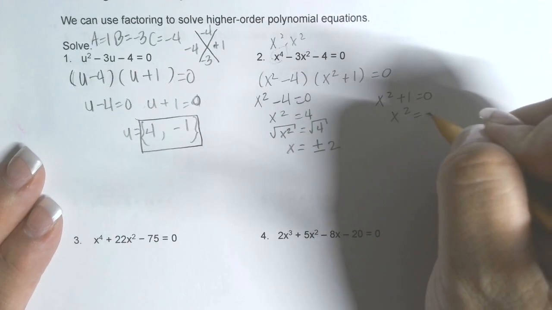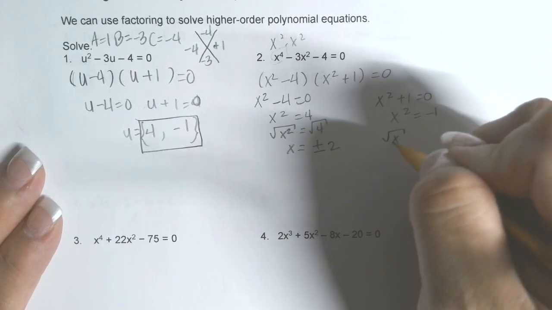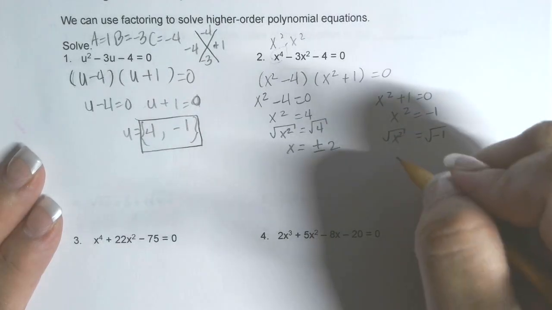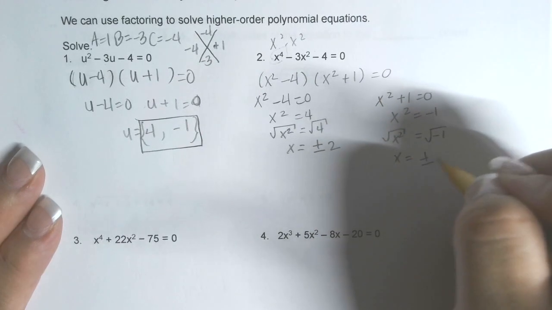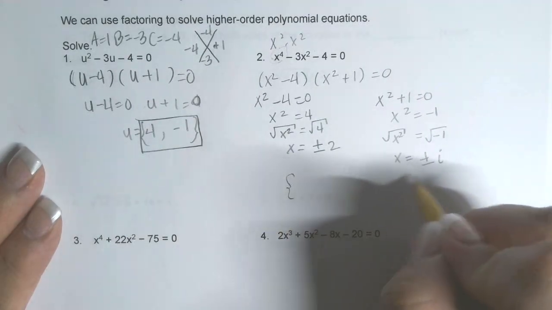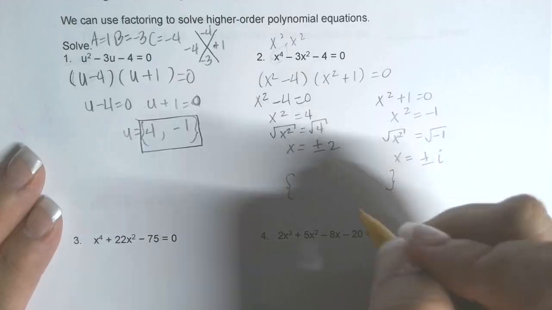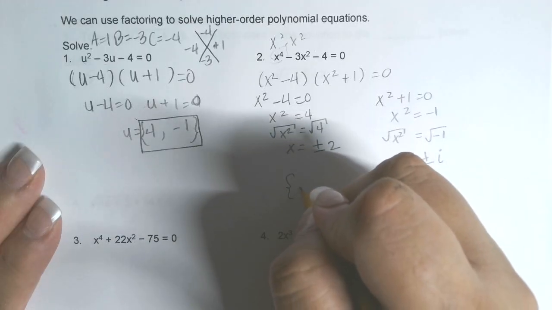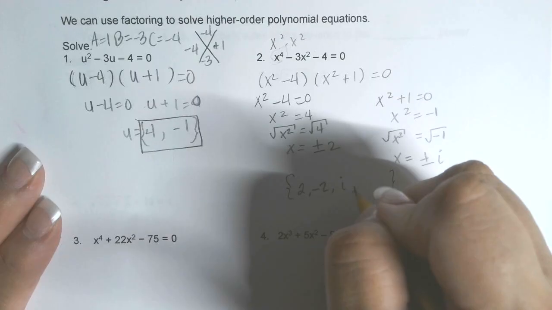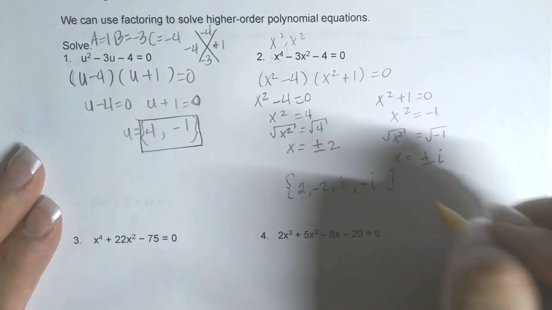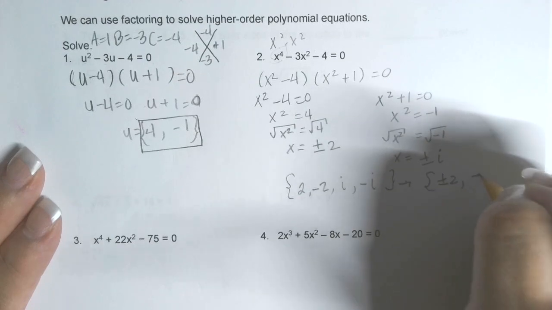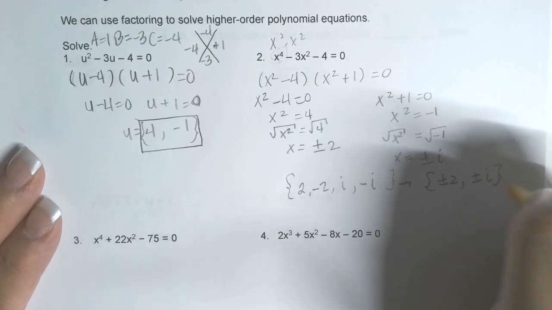X squared equals negative 1. Take the square root of both sides. And you're left with x equals positive and negative i. So our solutions, let's expand them, are 2, negative 2, i, and negative i. Or it could be positive and negative 2, comma, positive and negative i.